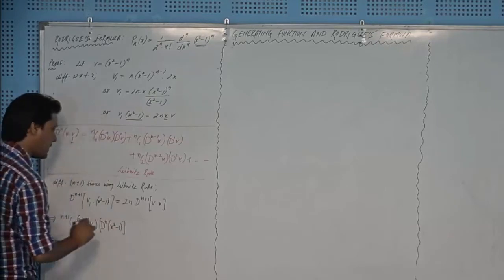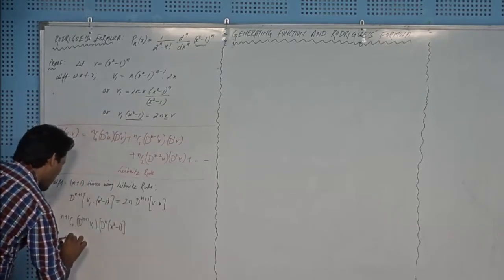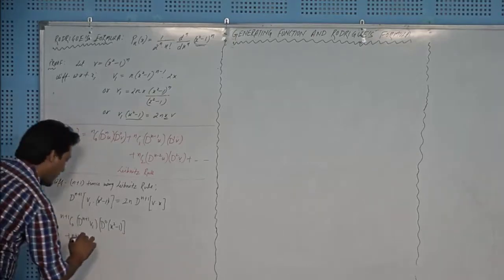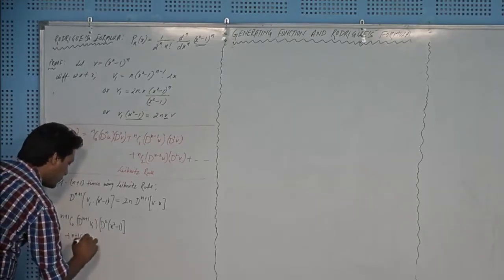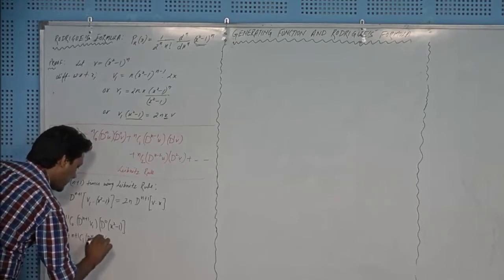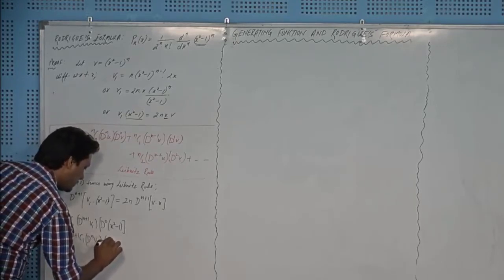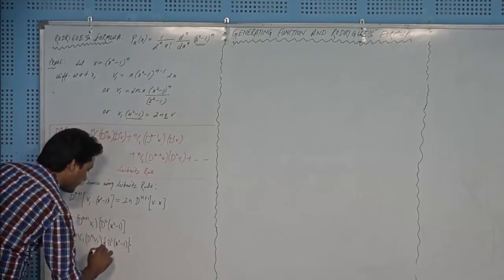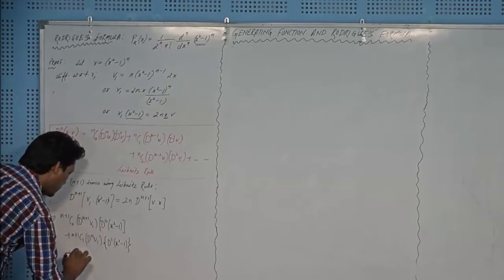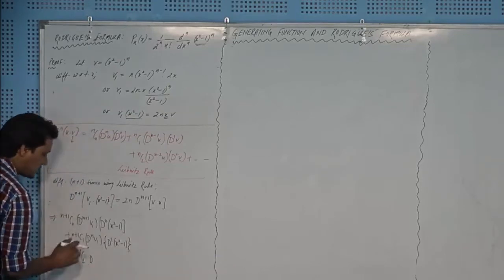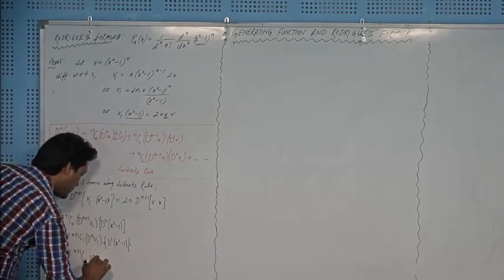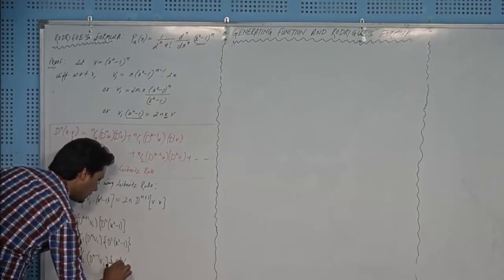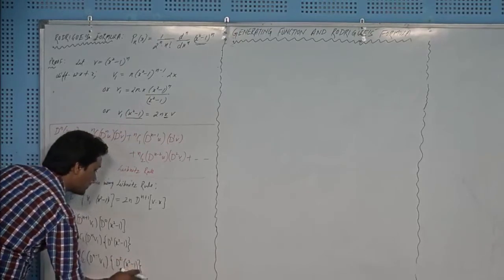Plus (n+1)C1, and D this minus this, that will give you D^n v1, and D1 of x square minus 1. Third term, (n+1)C2, D this minus this, that will give you D^(n-1) v1, and D2 of x square minus 1, and this will be the last term of this.